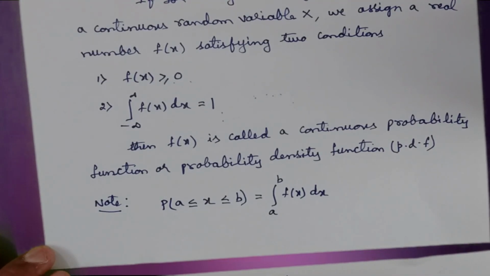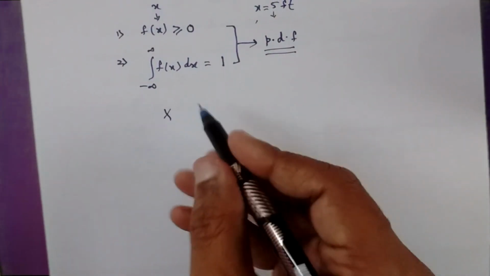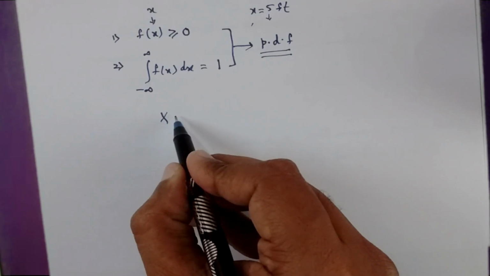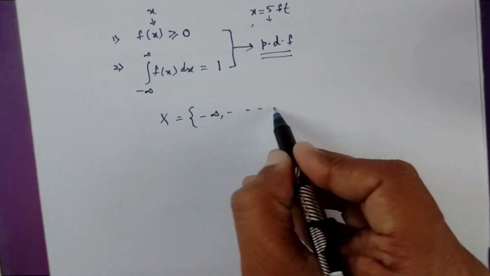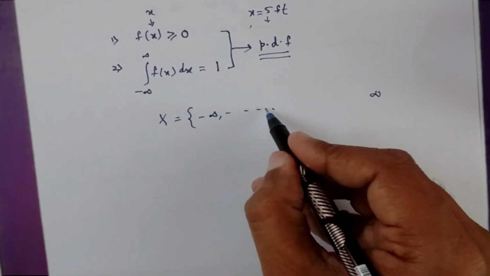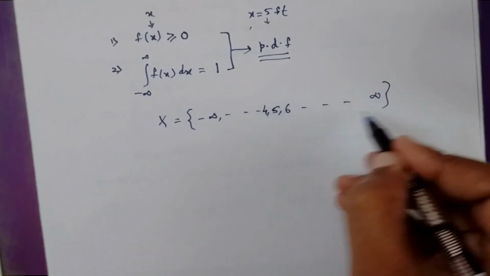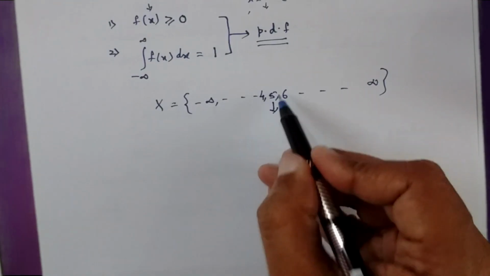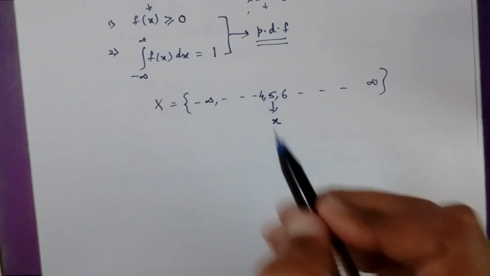So these are the continuous probability variable x. So if this x value can take any range between minus infinity and so on up to plus infinity. Suppose we are taking the height of a person between say 4 to 6, and you want to calculate the probability that the person is of height 5 feet.